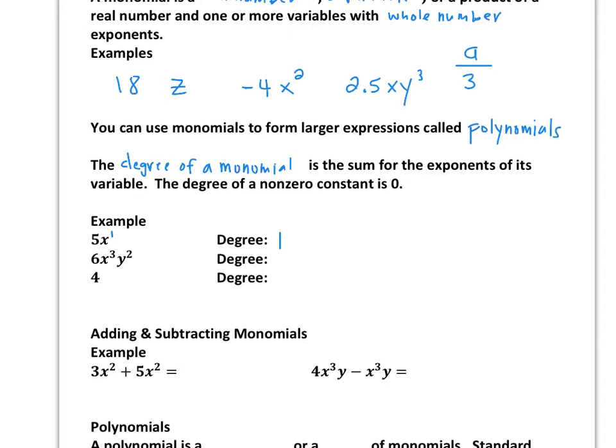The degree is the sum of the exponents on the variable. Well, we have an exponent of 3 and an exponent of 2. 3 plus 2 gives us a degree of 5. All right, our last one, well, that's a constant. It has no variables with it. So the degree of a non-zero constant is just 0.